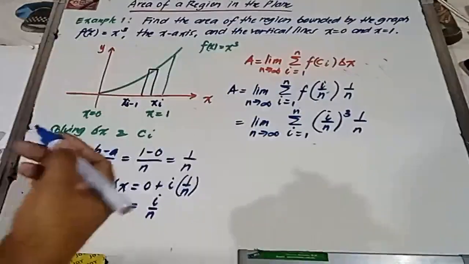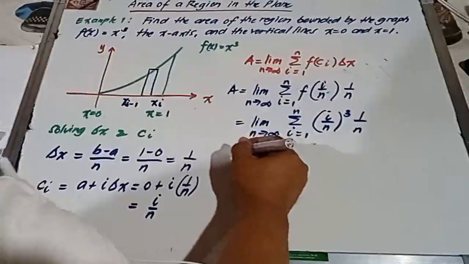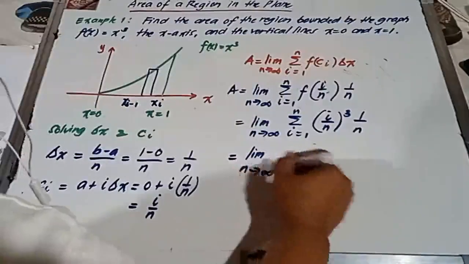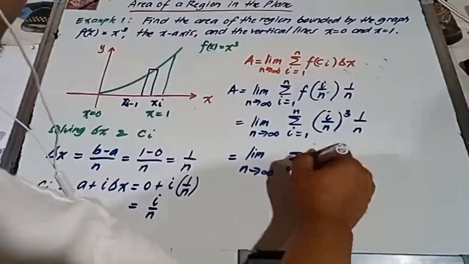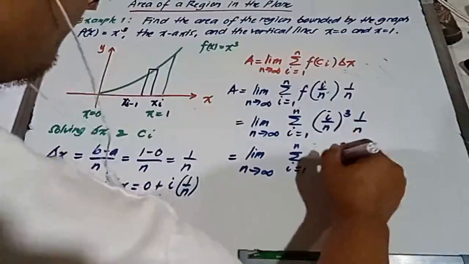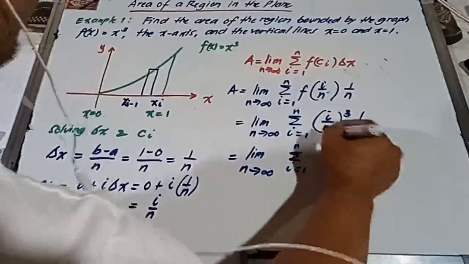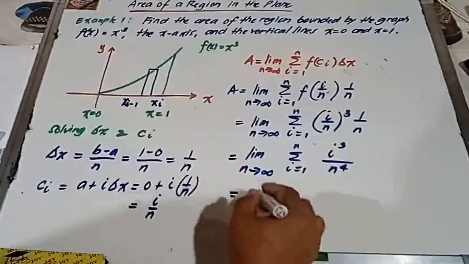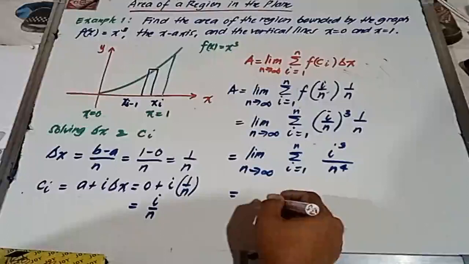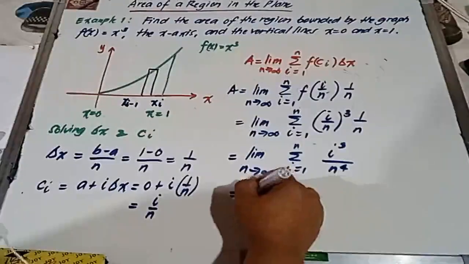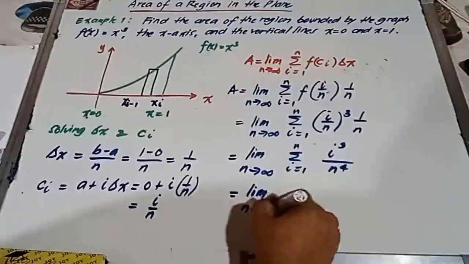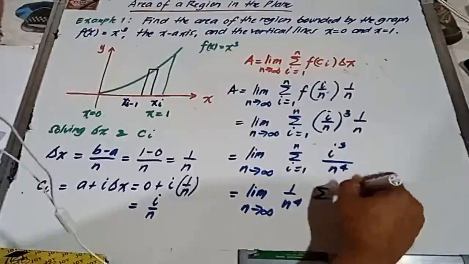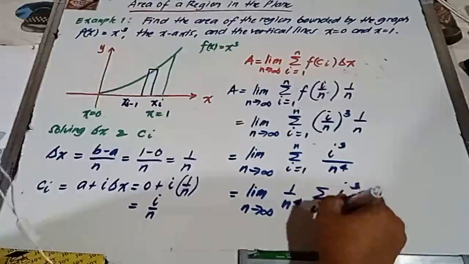Now, okay, and then expand natin. We have limit n approaches infinity, summation of I equals 1 to n, is I cube over n to the fourth, n times n cube is n to the fourth. Then, ilabas natin yung 1 over n to the fourth power. We have limit n approaches infinity, 1 over n to the fourth, summation of I cube, I equals 1 to n.